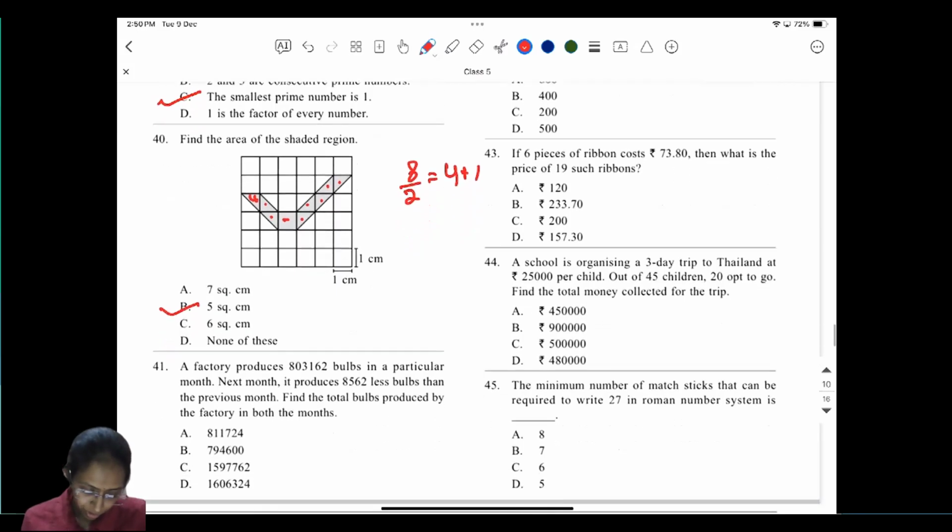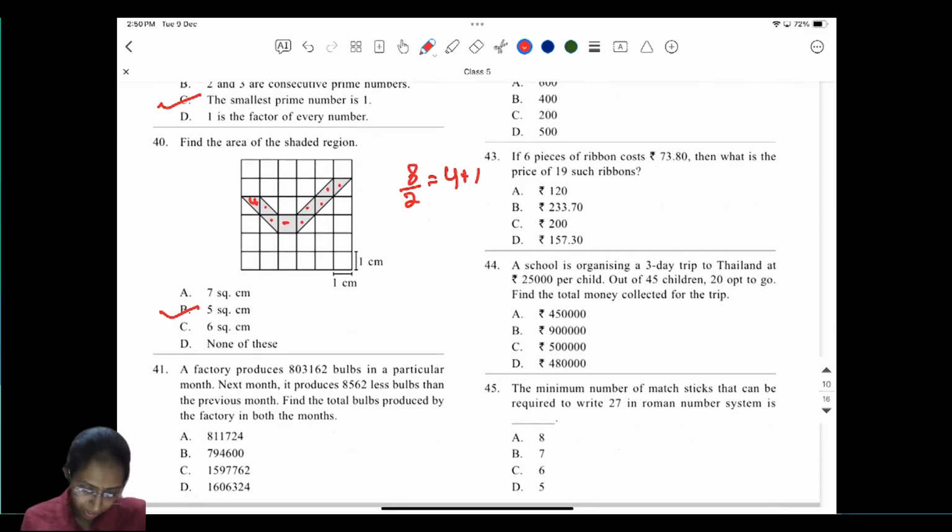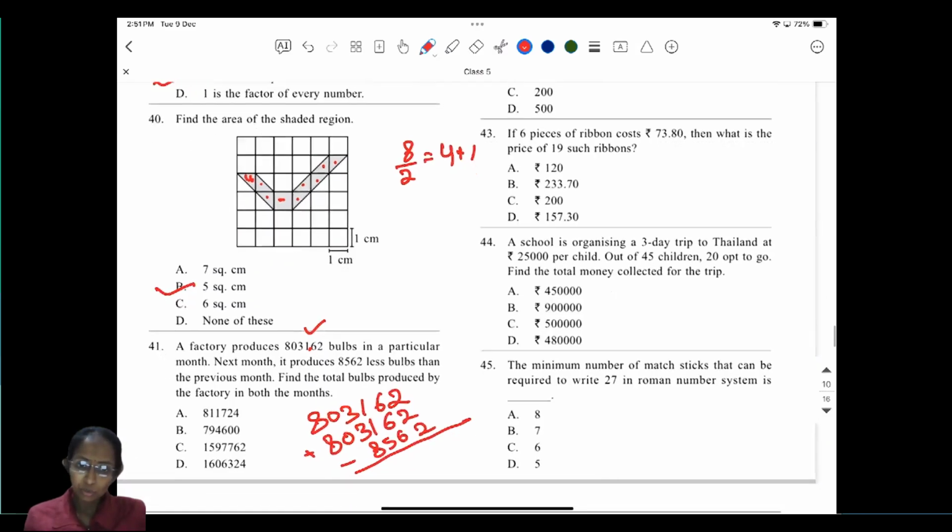So what we need to do is add 8,03,162 and the next month is 8,03,162 minus 8,562. So these two will be added and minus 8,562. This is what we have to do.